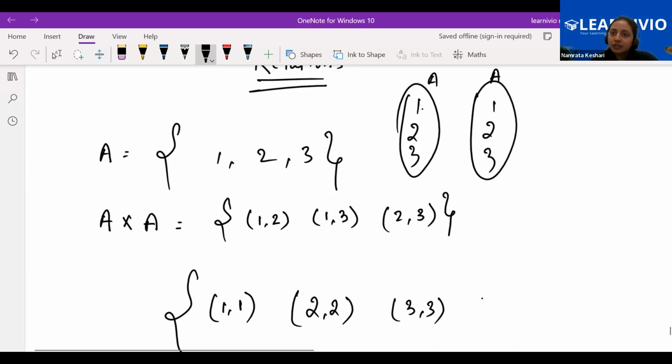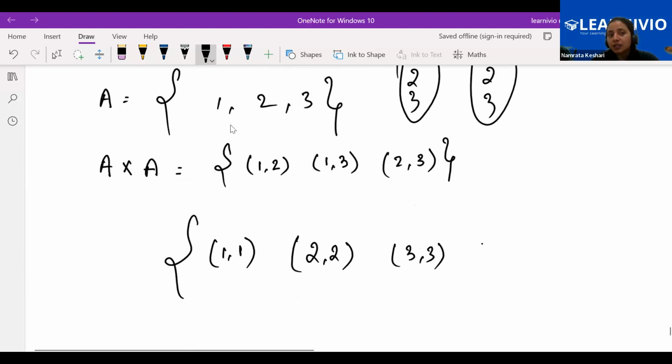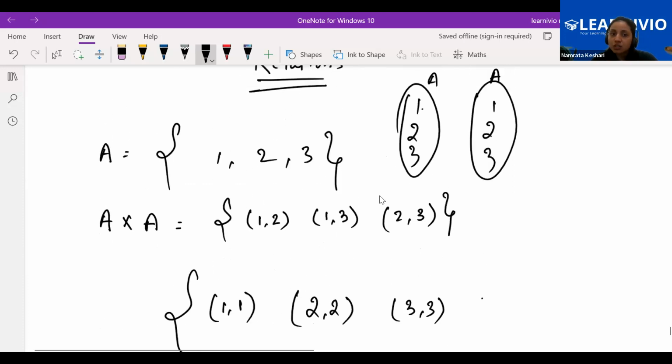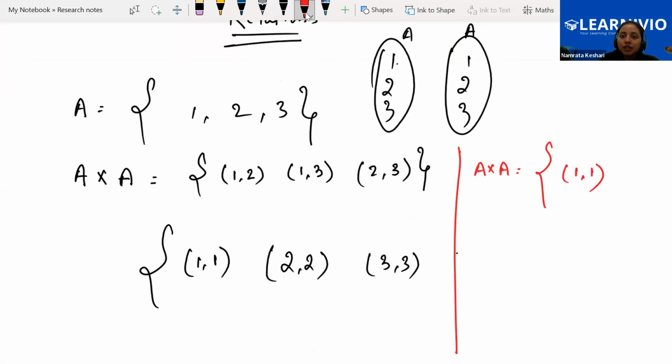It's okay. We were discussing a question from the class test portion. Now only we have started the relation. I have given one set A having elements 1, 2, 3. Now my question is, what will be the Cartesian product between A and A? What will be A cross A? 1 with 1 is fine. 1 with 2 is also okay. 1 with 3 is also there.